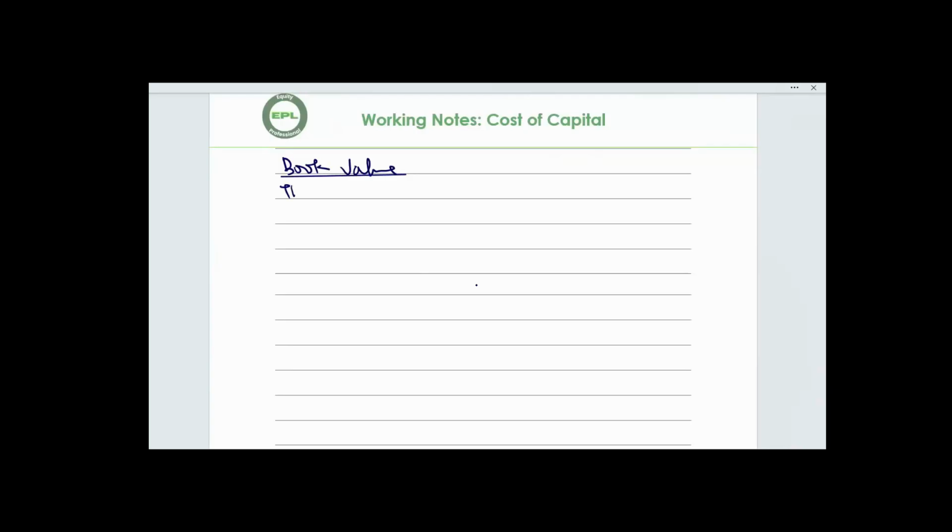Okay, this represents the value of figure as shown in the statements in the balance sheet, or statement of financial position.